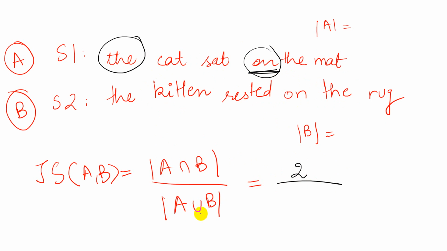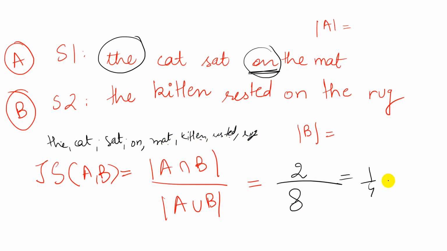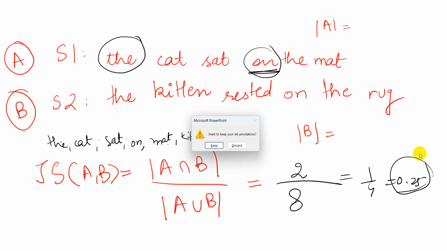And how many words do we have in the union? The union will have the, cat, sat, on, mat, kitten, rested, rug. How many are there? 1, 2, 3, 4, 5, 6, 7, 8. So 2 by 8, 1 by 4, 0.25, right? These kinds of questions can be asked.